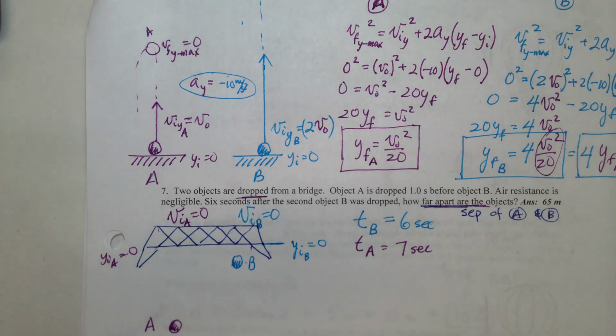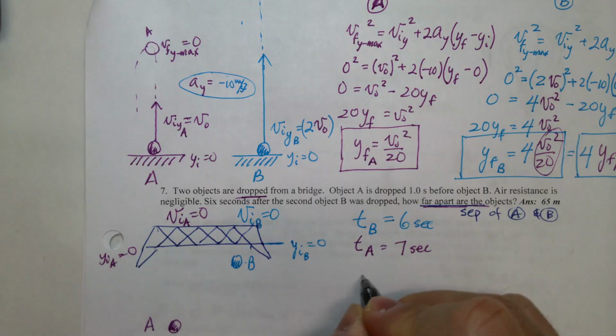Keep it easy for you. That's why you label everything. Draw it out, label where your zero is, where your initial position is, and so on. That will help you see things much clearer. Good question.